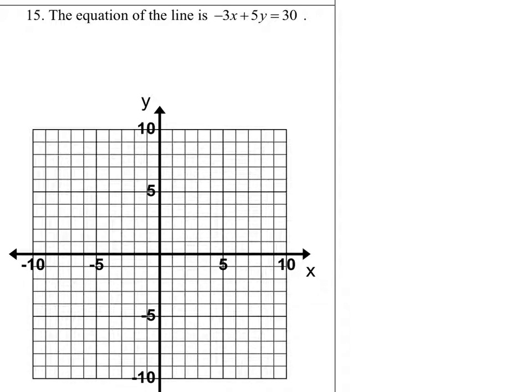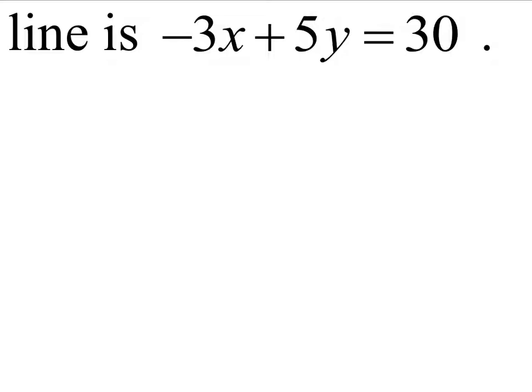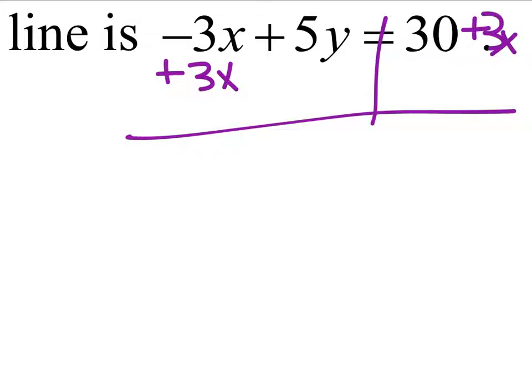Again, this equation is in standard form, -3x plus 5y equals 30. Let's go ahead and change this into slope-intercept form. So right here, we'll get rid of that 3x. Let's add 3x to both sides. And now we have 5y equals 30 plus 3x.